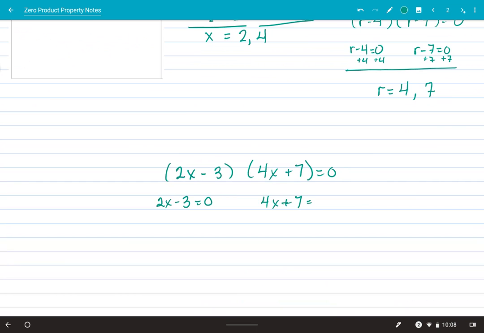But these are going to be more than one step. So we're going to add the 3. So 2x equals 3, divided by 2. And here, I don't mind if you give it to me in fractions or if you get it to me in decimals. Either one works for me.